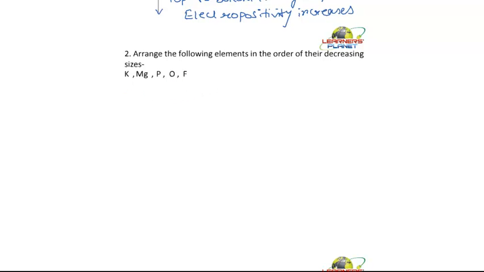Now what happens to the atomic size when we move from left to right in a period? Say I am moving from left to right. What will happen to the atomic size? It is decreasing.